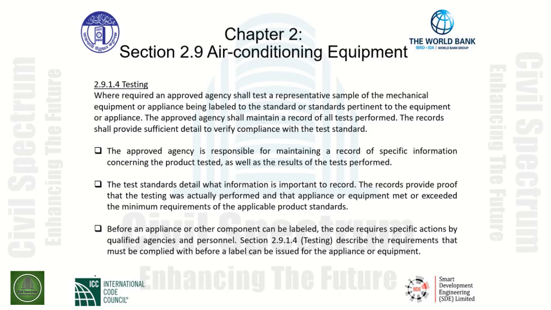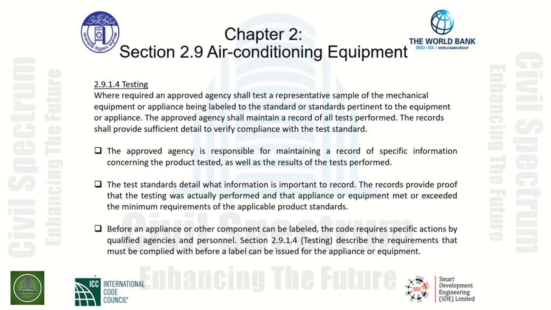The approved agency is essentially responsible for maintaining a record of specific information concerning the product tested, as well as the results of the tests performed. In order for a piece of equipment or an appliance to undergo testing, there are certain test standards based upon the applicable product.